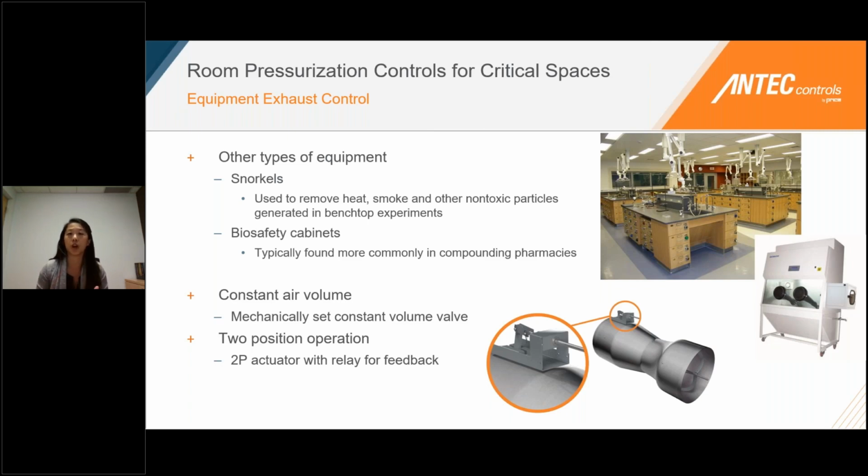Same thing with two-position operation when you're looking at a Venturi valve. Instead of having a fixed linkage here, what we're going to have is a two-position actuator with a relay. The actuator is going to have hard stops at the min and max airflows. And based on a switch or even a sensor potentially, you can change the two-position actuator to go to its maximum position as defined by the hard stop there.